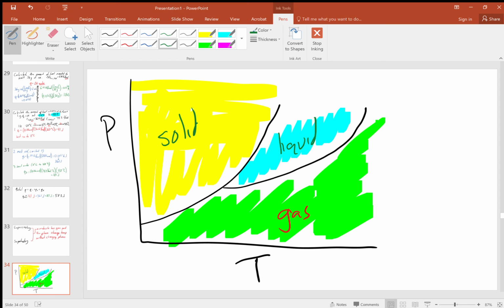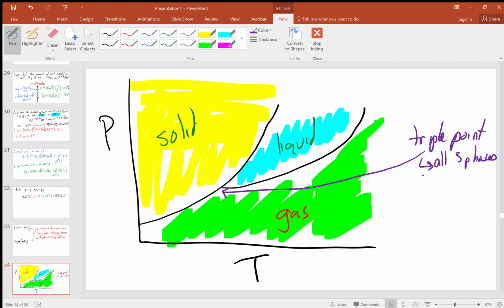Now, two important points to note. One is that you may notice there's a point where all of them intersect right here. This is known as the triple point. The triple point is where all three phases can coexist. For some compounds, it's something we might see pretty commonly, but for water, for example, it's not something we really see.